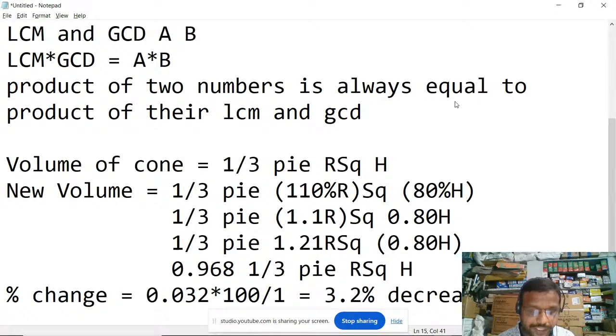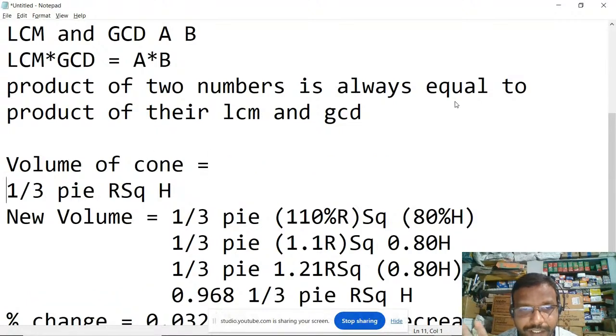So please once again, 1 by 3 pi r square h is the formula. I want to take it from our point of view. Some of you responded in the chat box, sir, can you explain once again? Don't confuse.